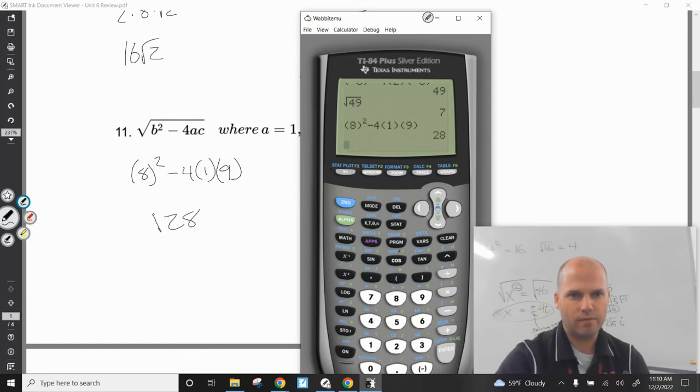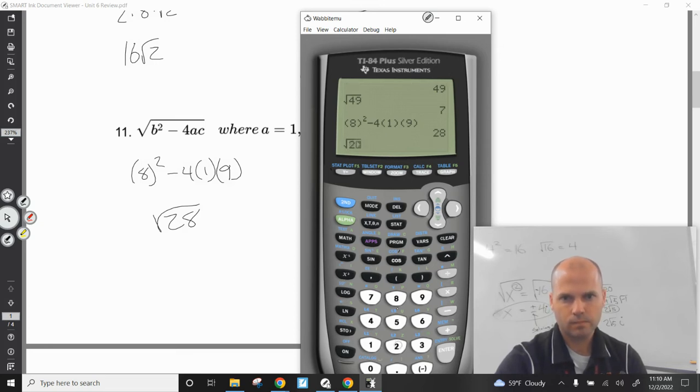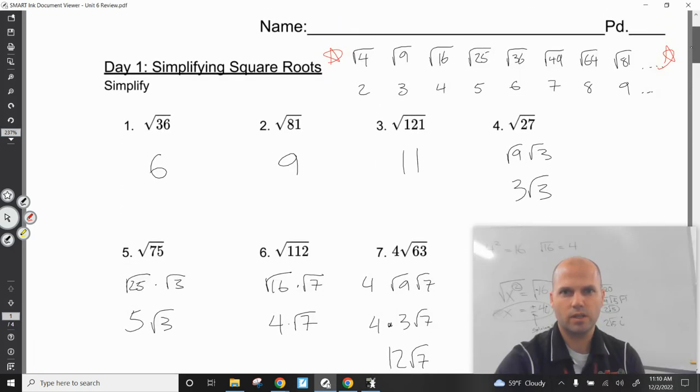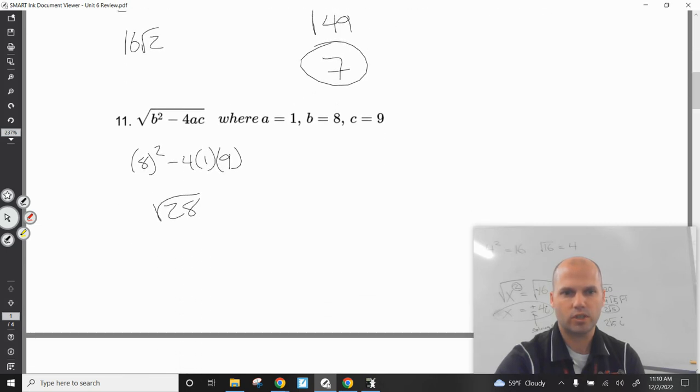But I need a root 28. Can I take the square root of 28? No. Can I divide 28 by some of our perfect squares in the stars? That's what you're going to try.